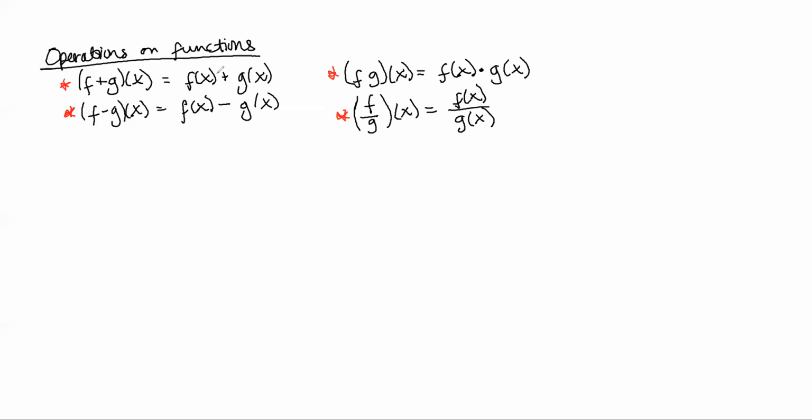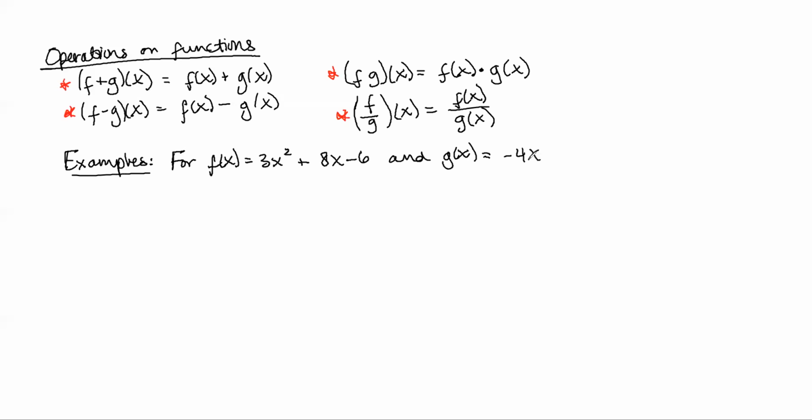All right, so let's go ahead and just look at some examples. We're just going to run through a bunch using the different operations. This first set of examples, we're given f(x) equals 3x squared plus 8x minus 6, and g(x) equals negative 4x squared plus 4x minus 8.